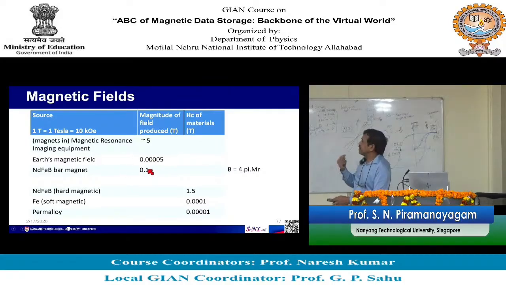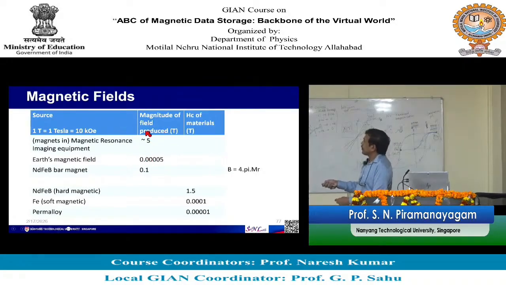A neodymium iron boron bar magnet can produce about 0.1 Tesla. And in some hospitals where they do MRI, they have very strong magnets like 5 Tesla magnets.